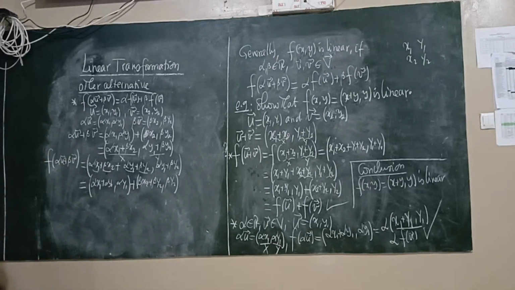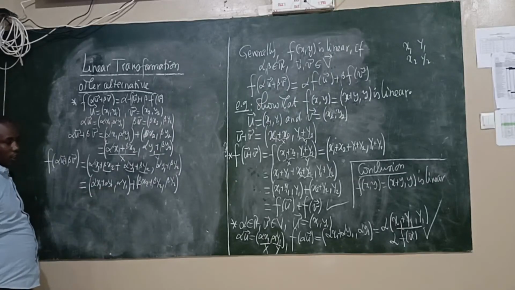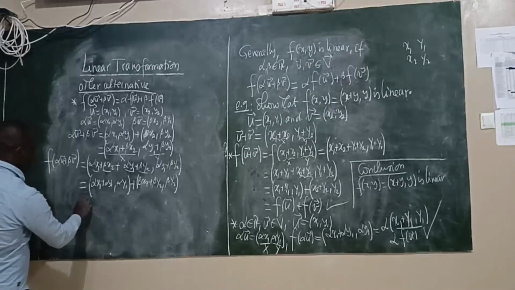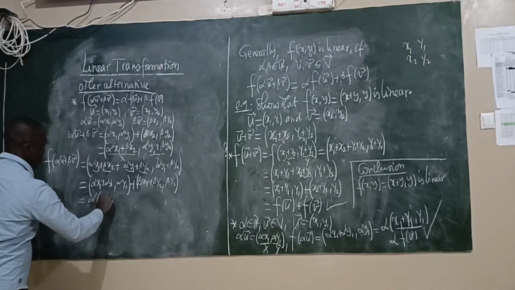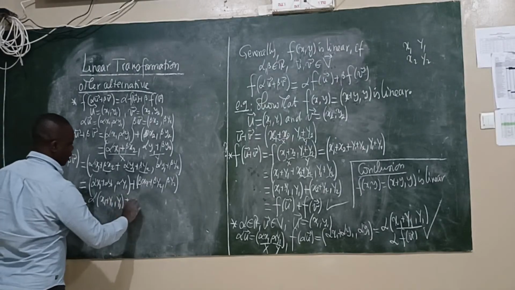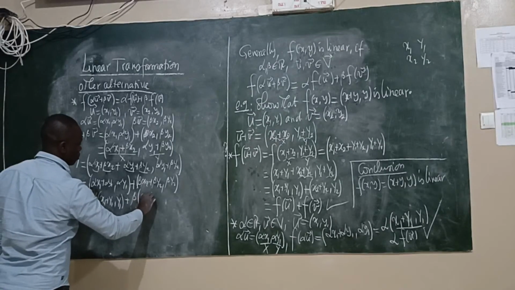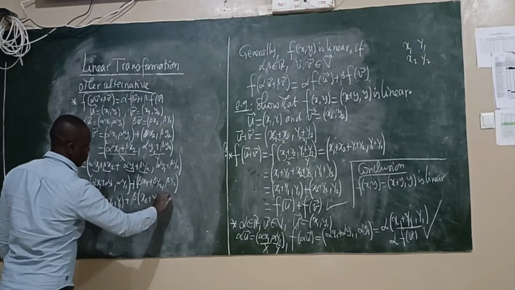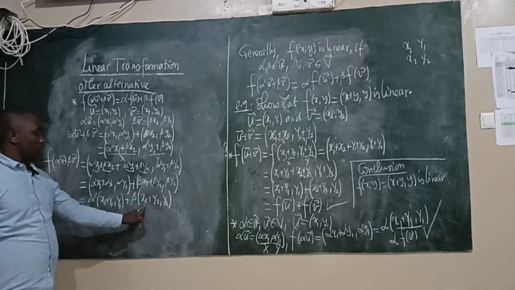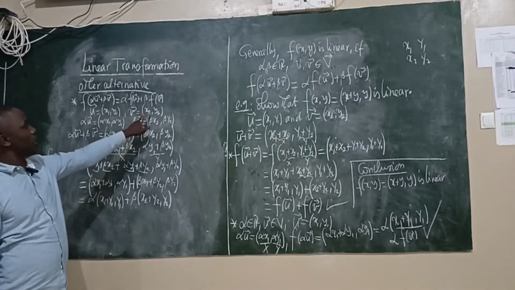Now, what is this? The first has alpha as a product. That's why I'm going to take out alpha to factorize alpha. This is going to be alpha into x1 plus y1, comma, y1, plus, here is beta, take beta out, this is going to be x2 plus y2, comma, y2. As you see here, this is a function of v because our v has the coordinates x2, y2.